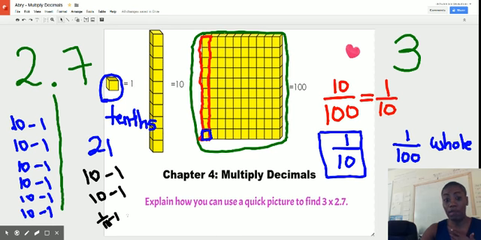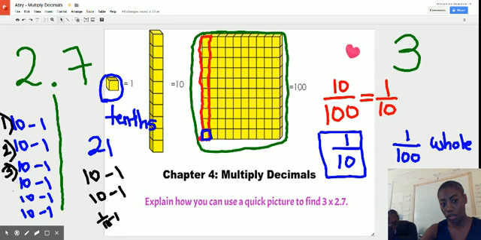So now, what would be our answer to 2 7/10 times 3? How many 10s do you have, or how many 1s do you now have? You said 8, so you're counting 1, 2, 3.